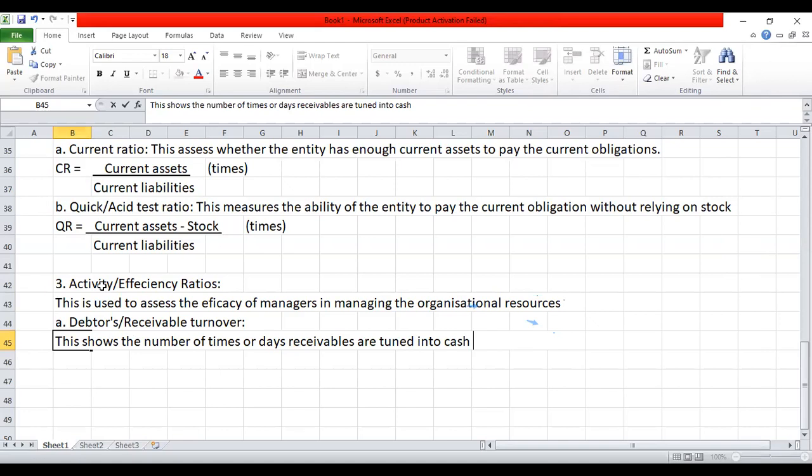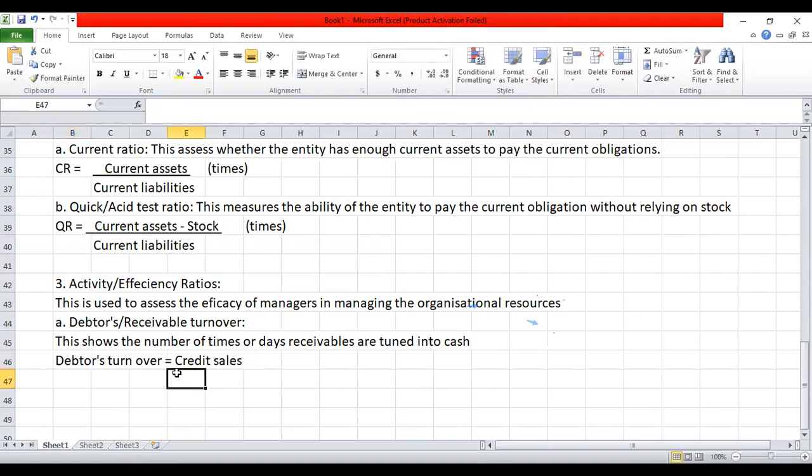We saw this one in working capital, so I can provide only one formula here. Our debtors turnover, we said, is credit sales divided by average debtors.